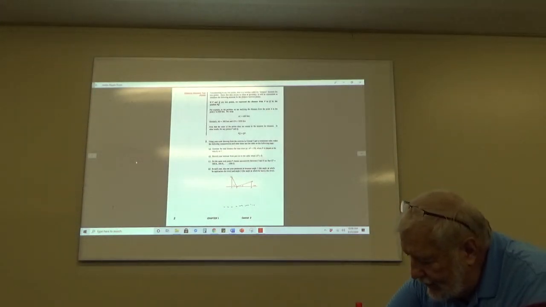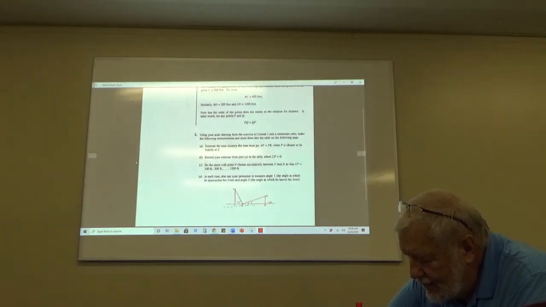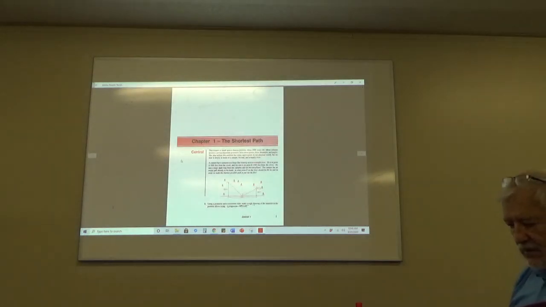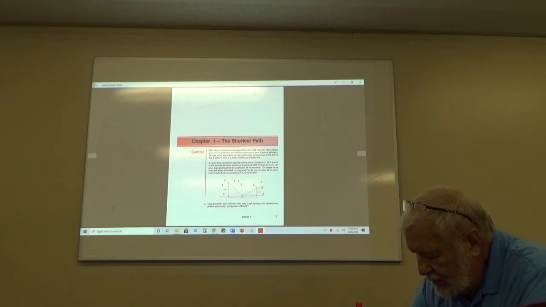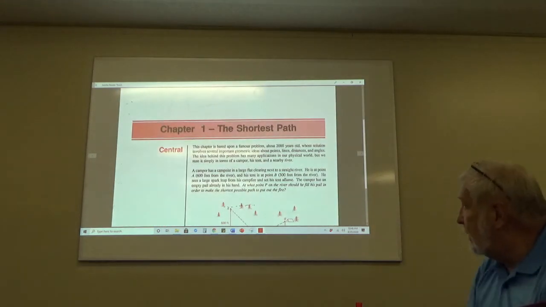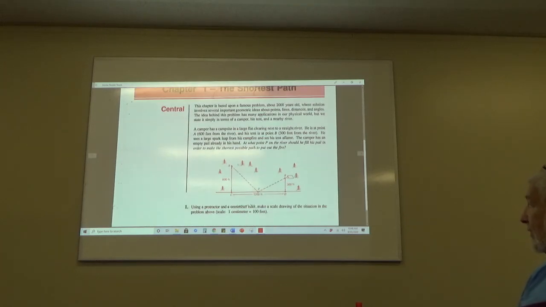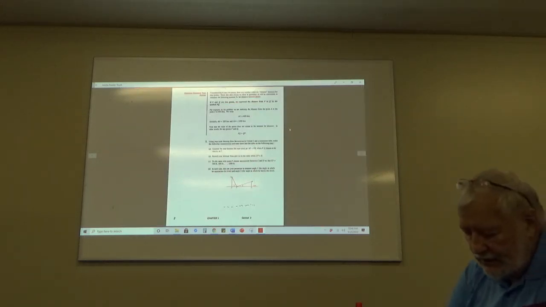Let's go back on page 2. Okay, that's better. From A to C is 600, and from B to D is 300. That was given in the problem. I've got to do this each time.